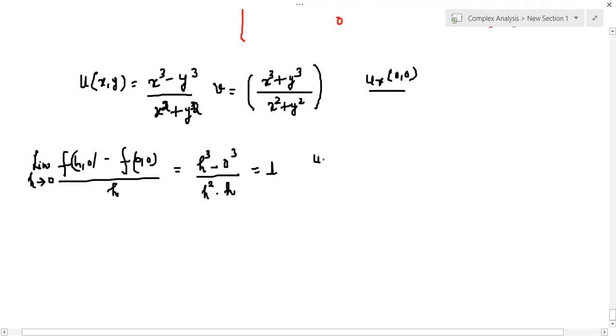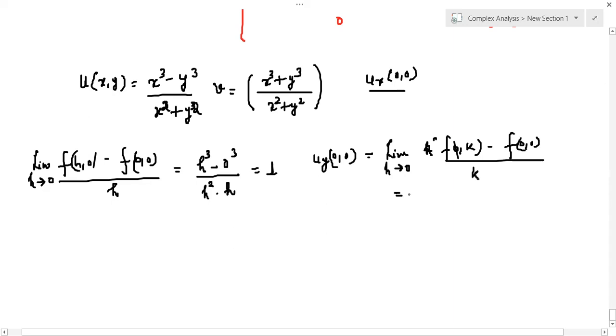And what would be u y at 0, 0? It would simply be the limit as k tends to 0 of f of 0, k minus f of 0, 0 divided by k, and this will also give you k cube upon k square into k, which is again equal to 1.